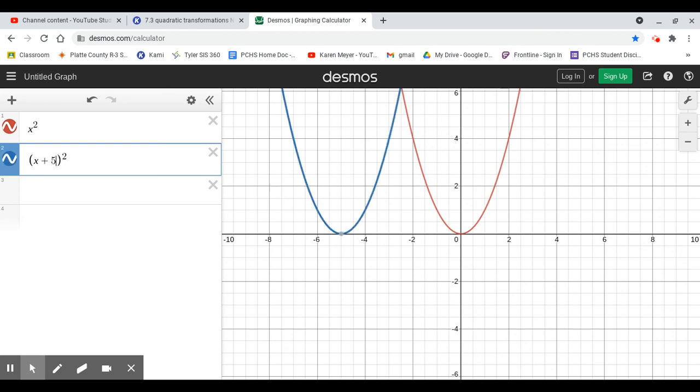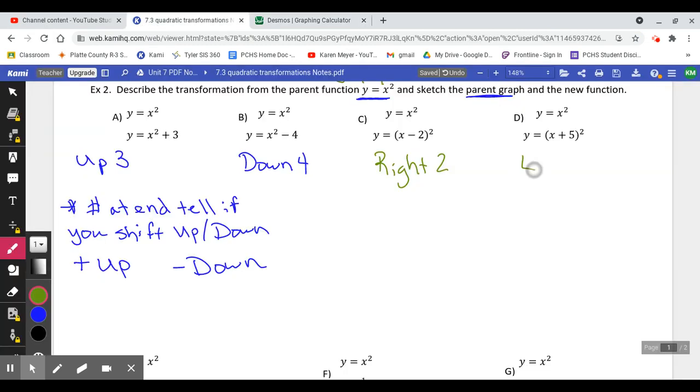And then you're going to notice, oh, I shifted this one to the left 5. Okay, so let's make a little conclusion here.